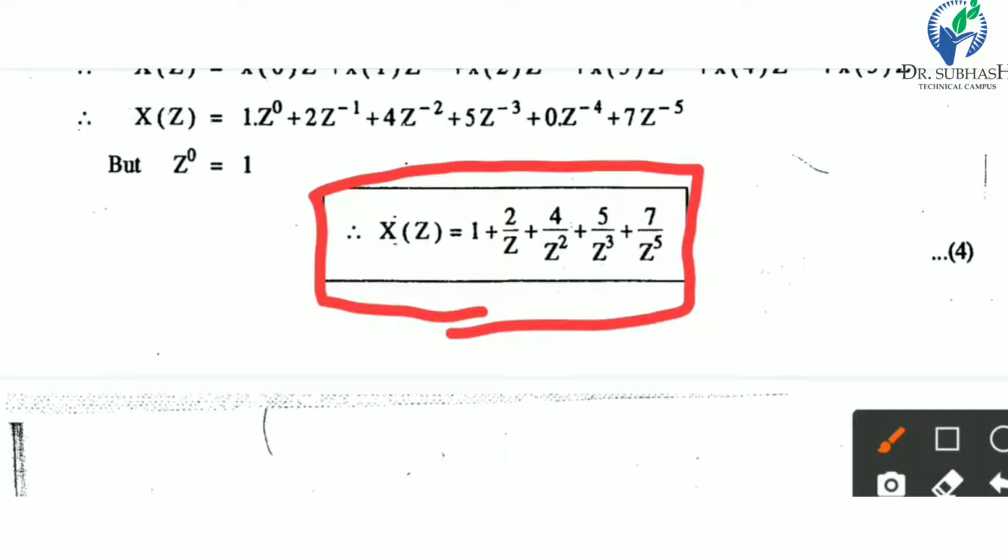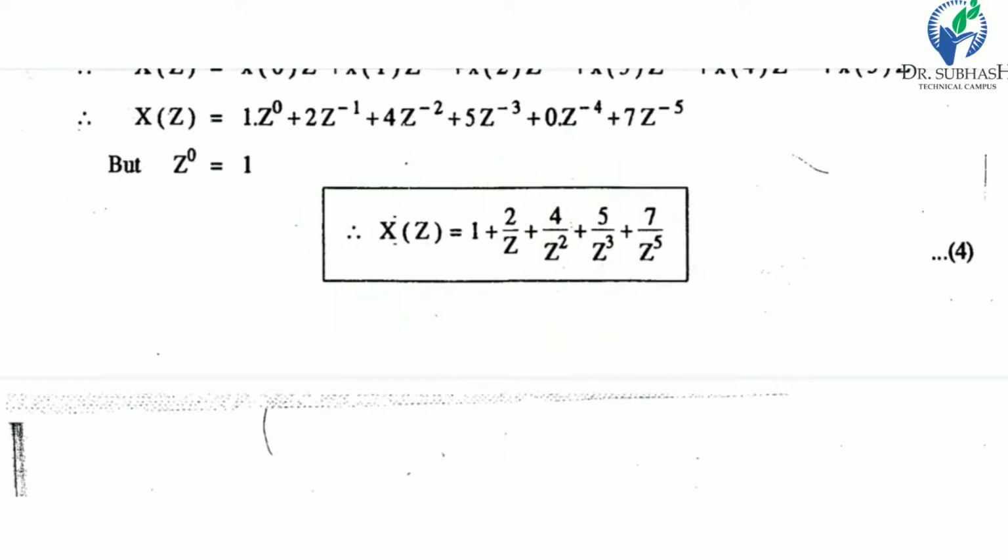So x of z equal to 1 plus 2 by z plus 4 by z square plus 5 by z cube plus, z raised to 4 is multiplied by 0, so it becomes 0, plus 7 by z raised to 5. So we get our final value of x of z.